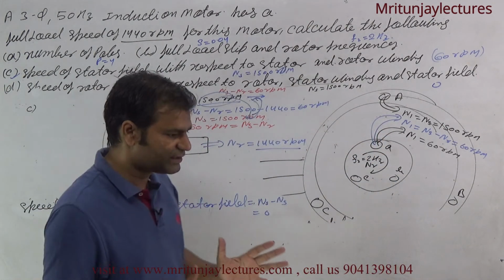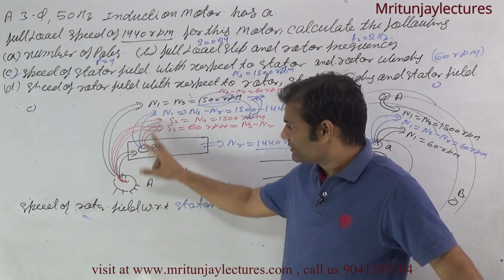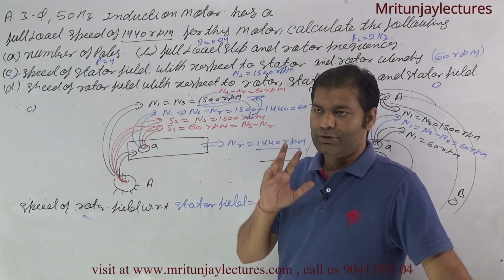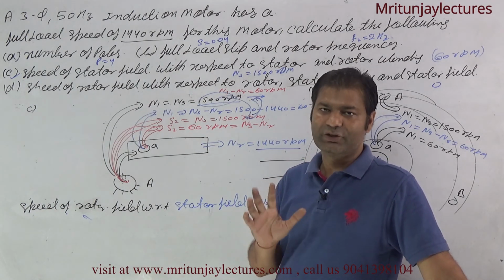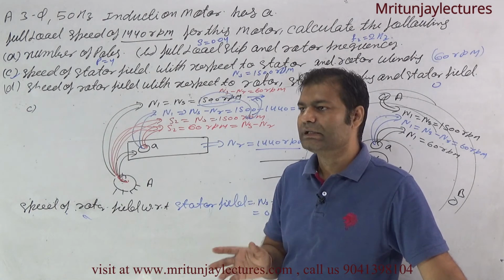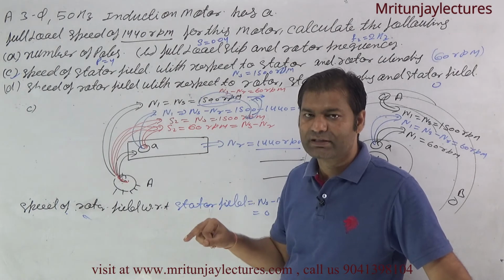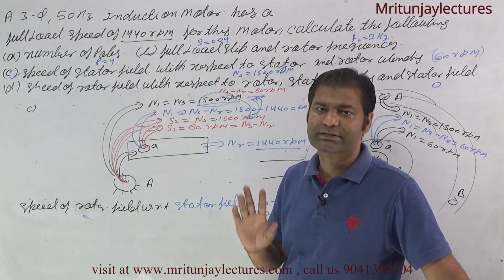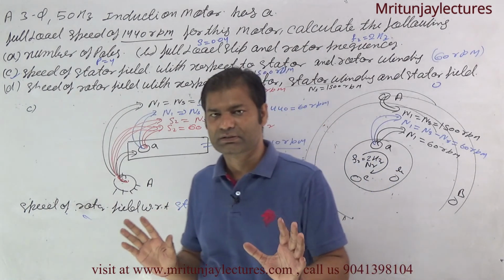It is compulsory for continuous electromagnetic torque. If you want continuous electromagnetic torque, meaning the induction motor always runs, then the stator field with respect to the stator winding and the rotor field with respect to the stator winding must be the same; both are stationary with respect to each other. Clear?